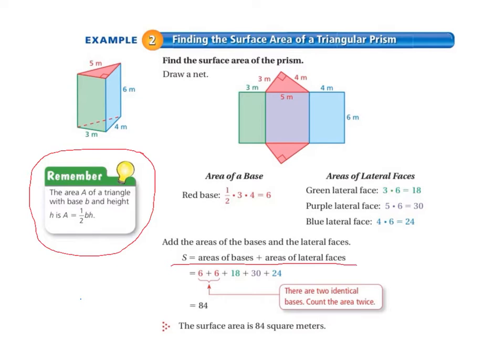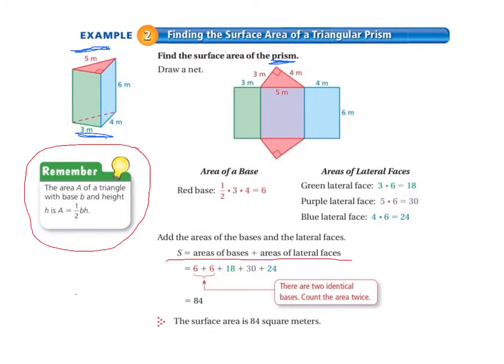So let's look up here and we will talk about what are the bases and what are the lateral faces. So we see up here on our triangular prism that our bases are the triangles. So here's our bases on our net, the 2 red triangles.